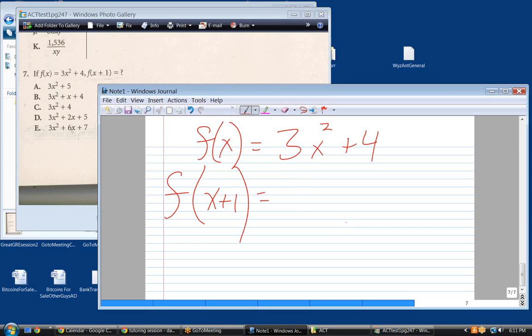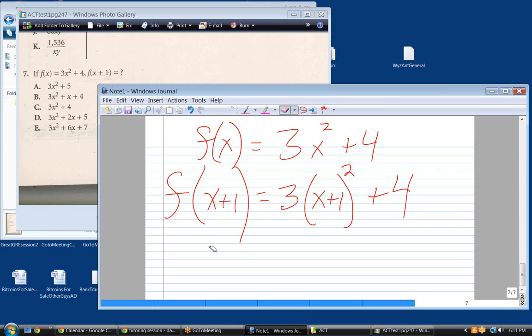I could plug in x for x, but no, you've got to plug in x plus 1, everything in the parentheses. So wherever I encounter x, I'm going to plug in x plus 1. It's as simple as that.